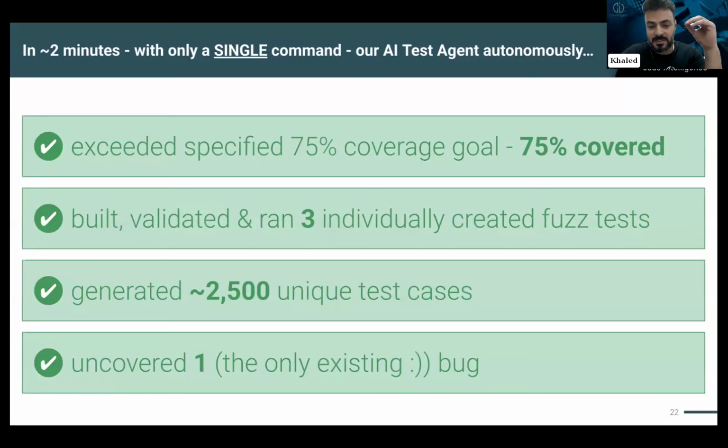And the main part for me is that it automatically generated, built, validated, and ran 3 individual fuzz tests, and automatically generated roughly 2,500 unique test cases. And it uncovered 1 bug, and hopefully this is the only existing bug in this project. So this gives us a summary of what Spark achieved in these 2 minutes.